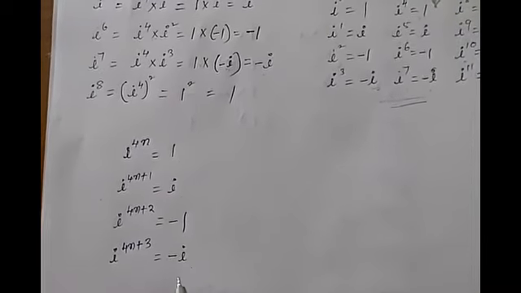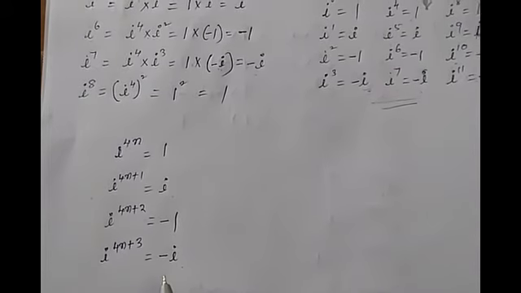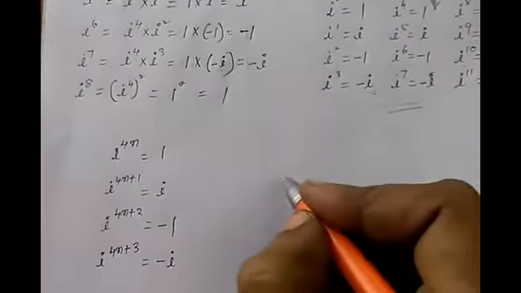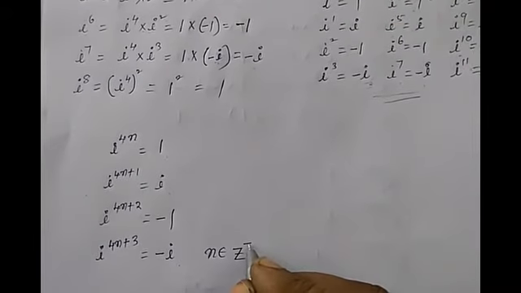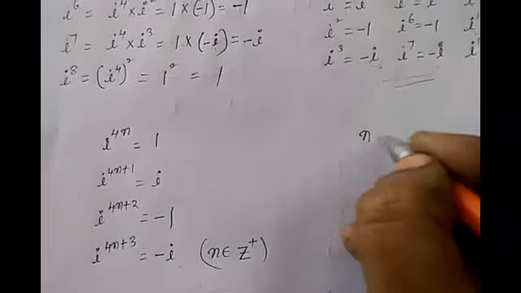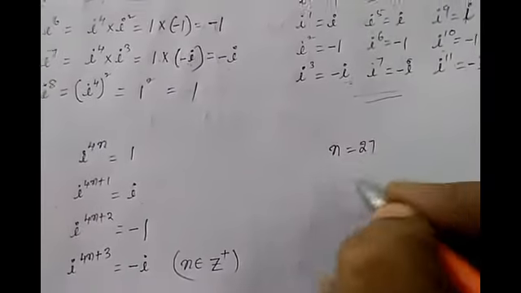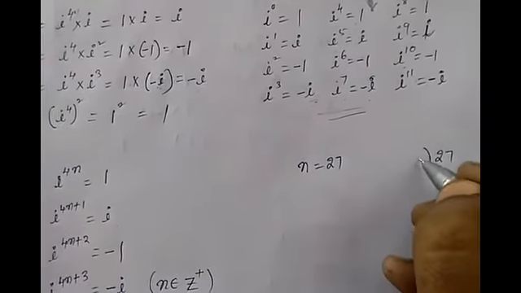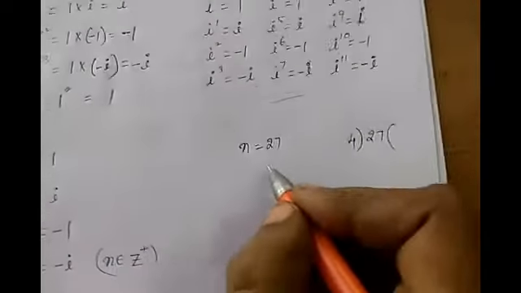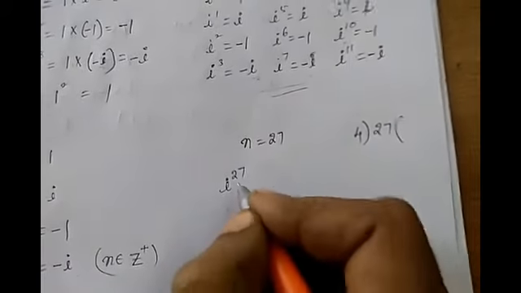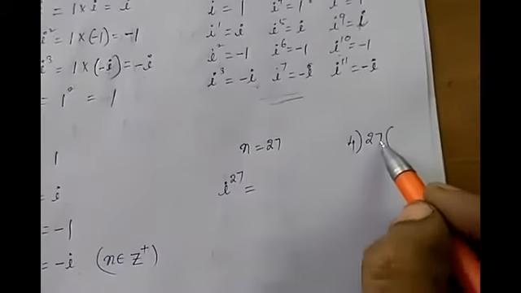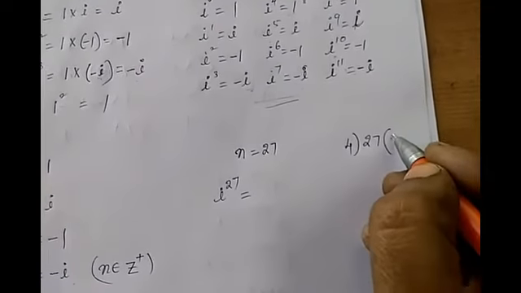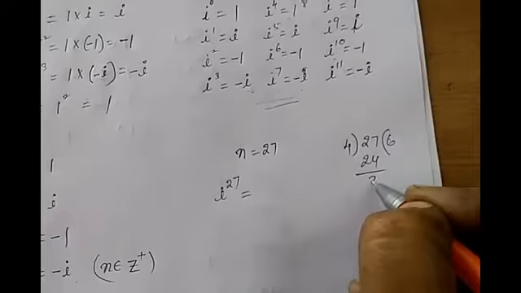If you want to find the integral power of i for large numbers, can we do it? If n is equal to 27, first divide 27 by 4. 4 sixes are 24, the remainder is 3.